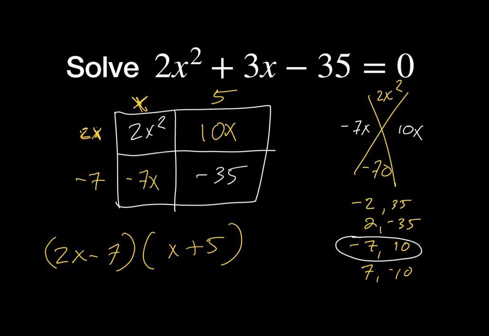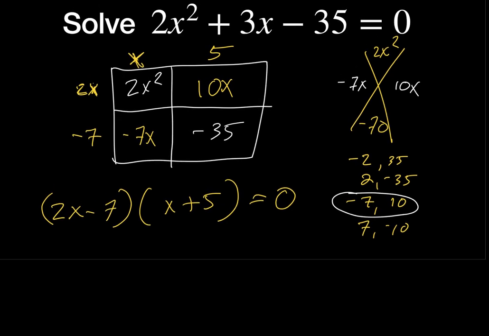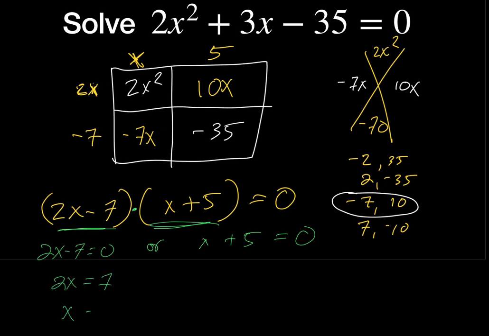And my whole thing still equals 0. Two things are multiplying to get to 0, which means 2x minus 7 equals 0, or x plus 5 equals 0. The left equation, add 7, 2x equals 7, divide by 2, x is 7 halves. Or subtract 5 from both sides, x equals negative 5.